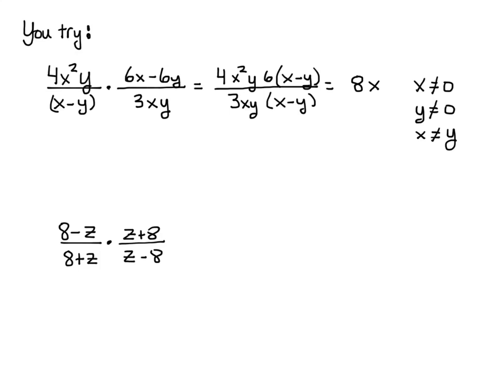So we mush it all together, we look at the factors. Now if you're more comfortable doing this, you can cross out your factors, do it like this, and cross out the y's and cross out one of the x's and do that. That's okay.